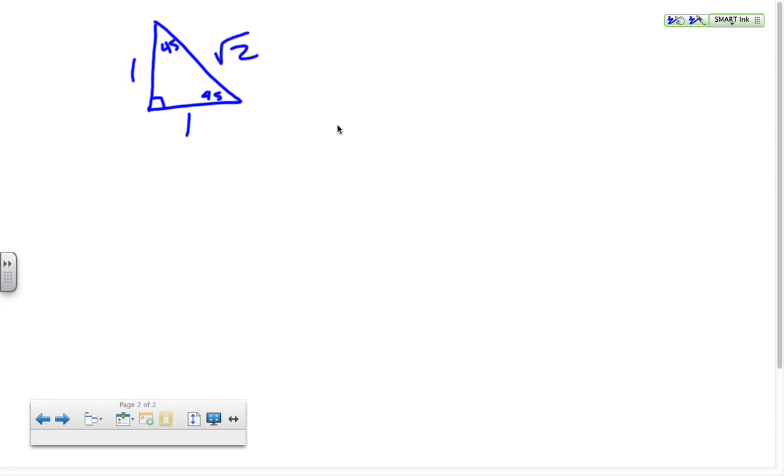And we'll also have 30, 60, 90. So there's a 30, there's a 60, there's a 90. Opposite of 30 is 1, opposite of 60 is square root of 3, and the hypotenuse is 2.